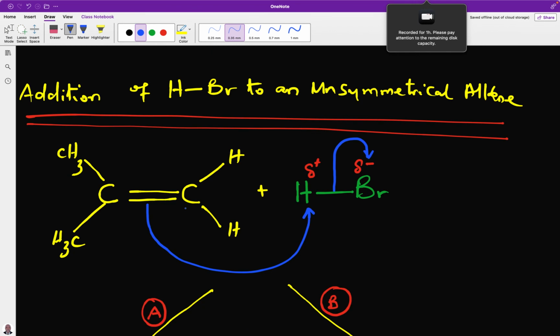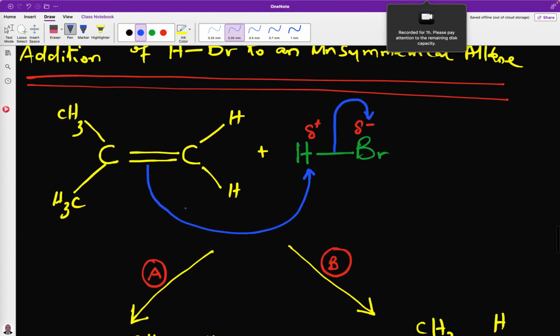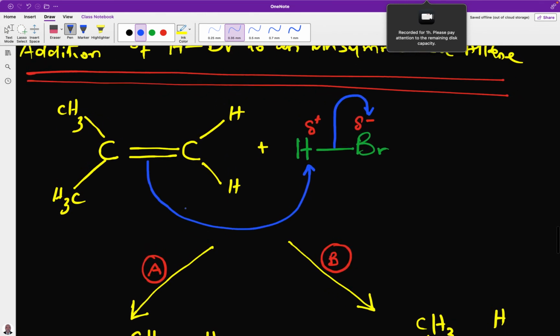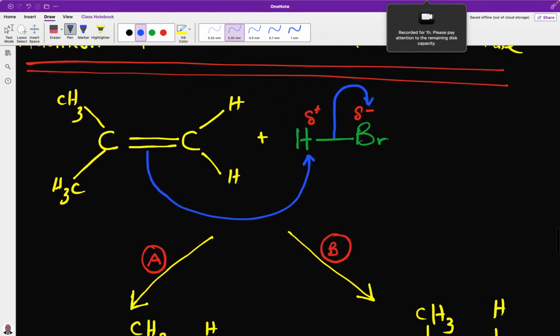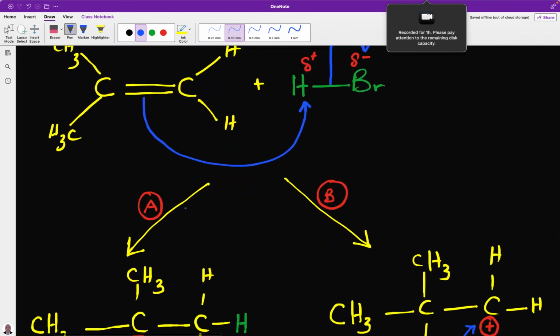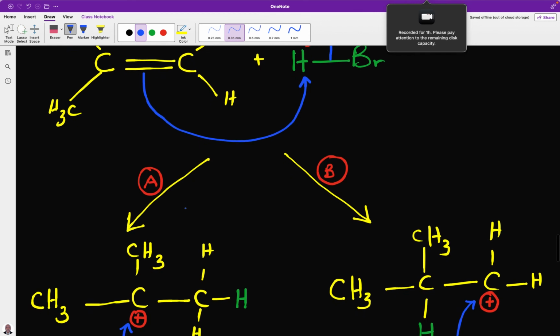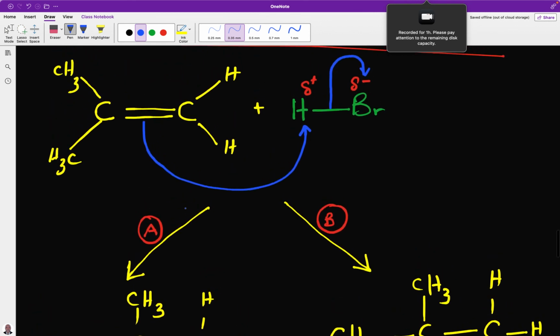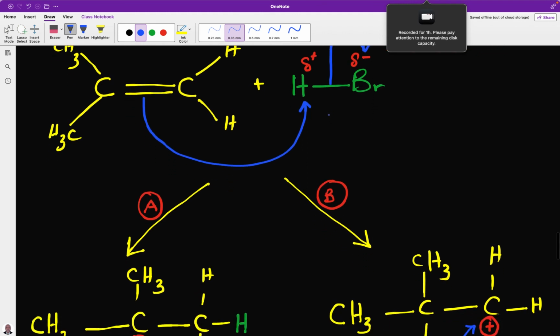For revision purpose, addition of HBr to an unsymmetrical alkene. Remember, when an unsymmetrical alkene is added to HBr, there are two ways a reaction can occur. After the heterolytic fission, the hydrogen could do what?